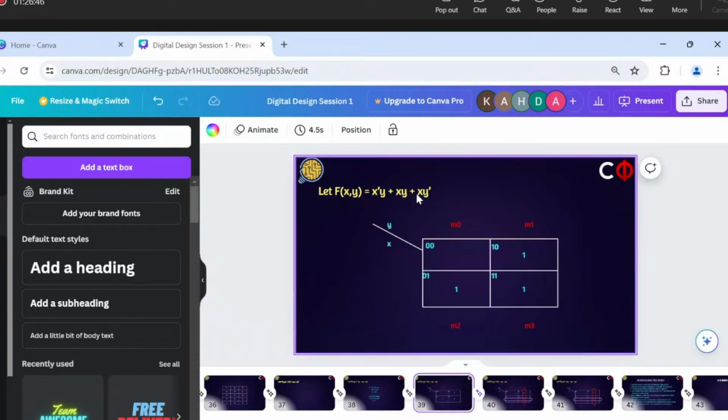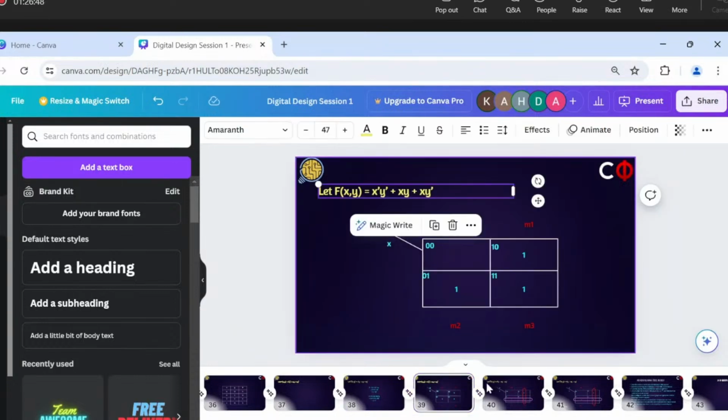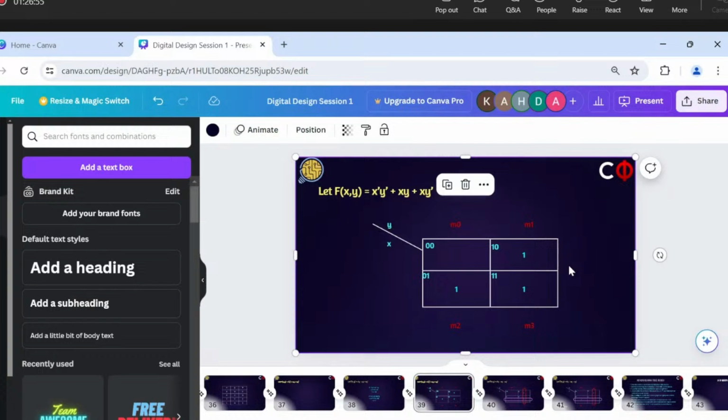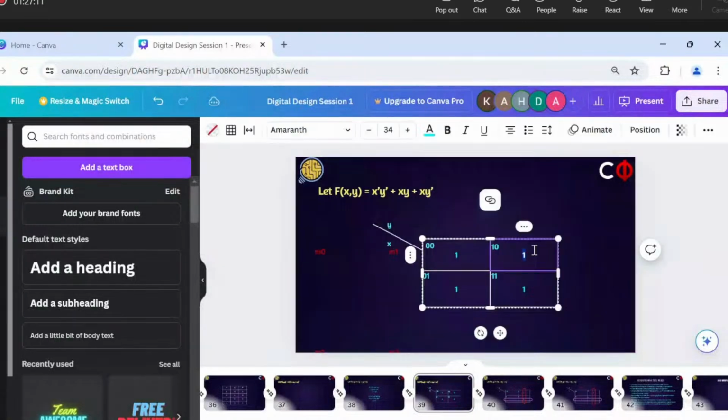So that is the change which I'm going to be using. So there is x prime y prime and the next term is xy prime. So that's also going to be included. So I'll leave that one there.